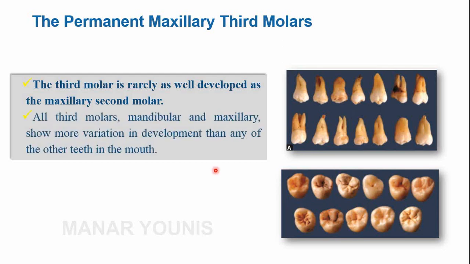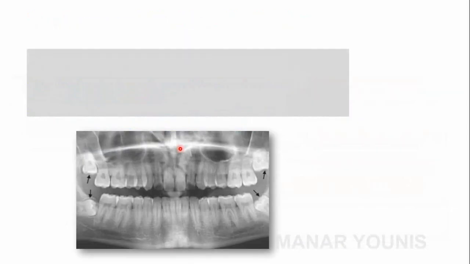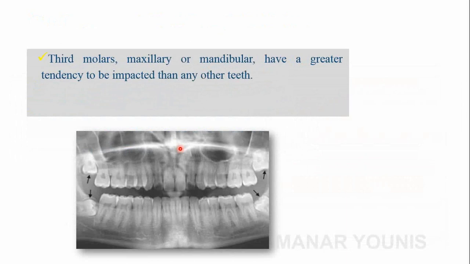All third molars share common characteristics, whether they are mandibular or maxillary. They show a lot of variation in development, more than any other teeth in the mouth. In addition, they have a greater tendency to be impacted compared to any other teeth.